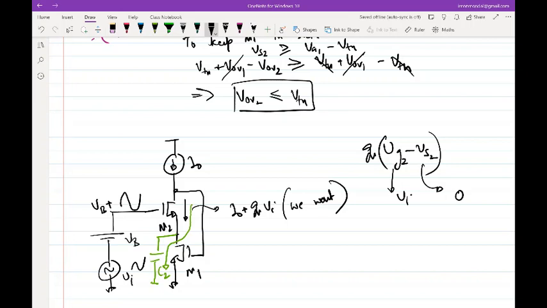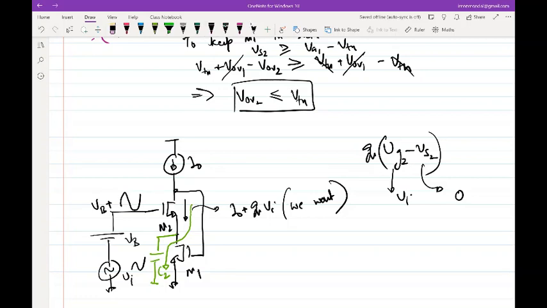Right. Why is the drain of M2 open? Correct. Fine. Why not? So okay.